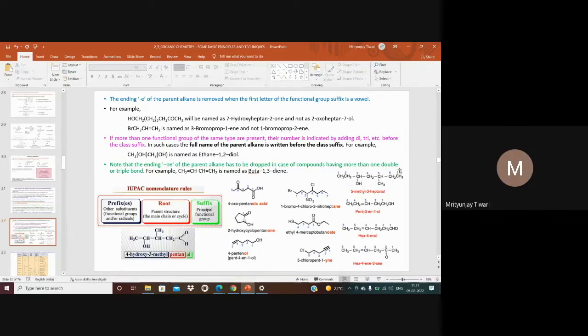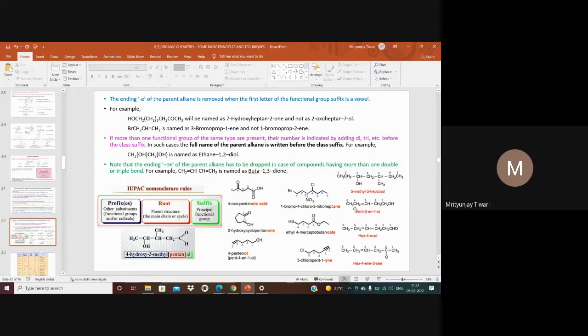So 7 carbon atoms in the main chain, and we see a methyl at the fifth position. There is one substituent, the methyl group, so it will become 5-methylheptan-3-ol, or people sometimes also write 3-heptanol. Heptan-3-ol is a better way to write. So 5-ethylheptan-3-ol.